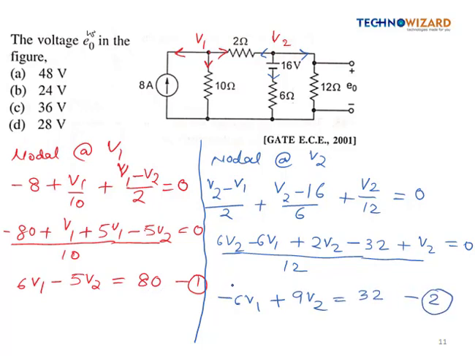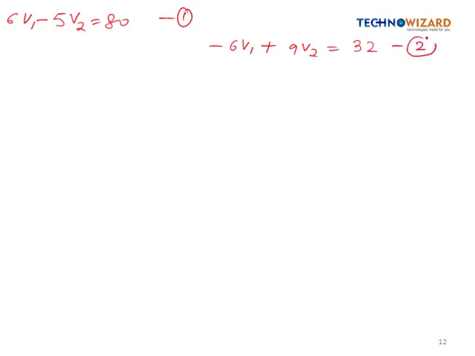Now adding both the equations: 6v1 minus 5v2 is equal to 80, this was equation 1, and minus 6v1 plus 9v2 is equal to 32, this was equation 2.